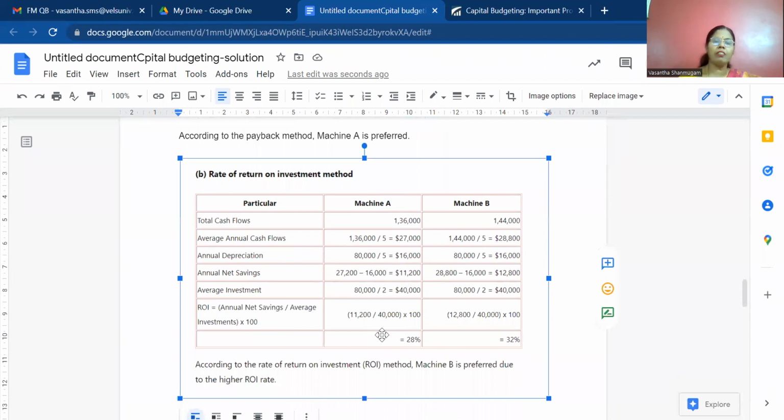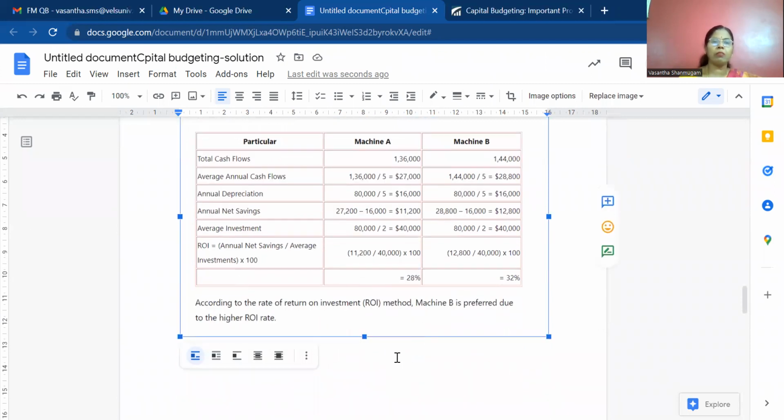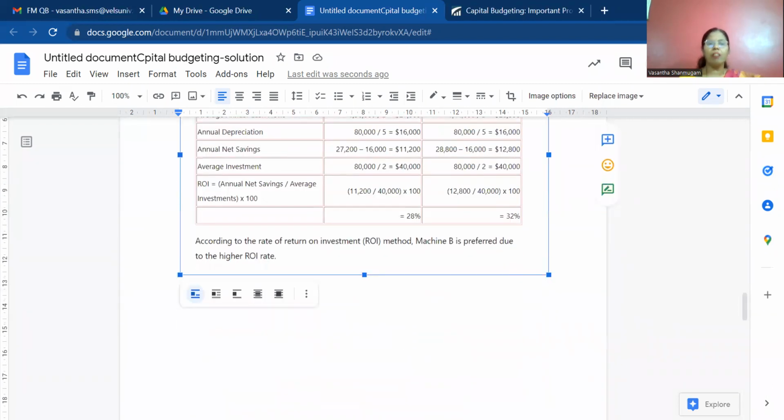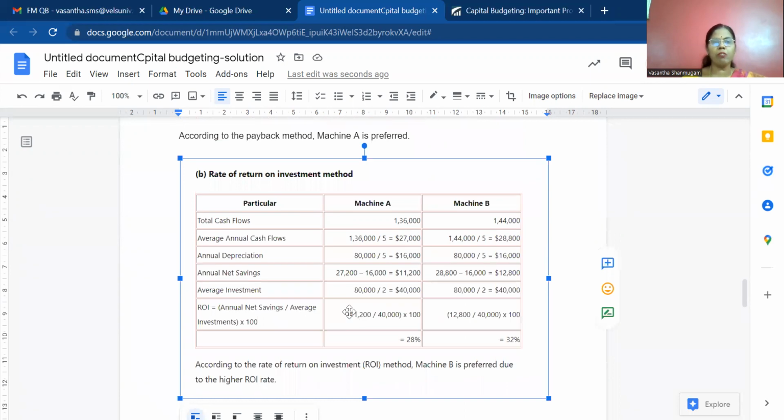Next is the rate of return on investment method. The formula is average cash inflow divided by investment. What is the average cash inflow?